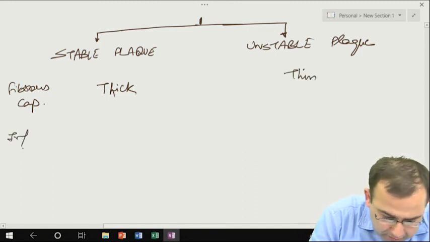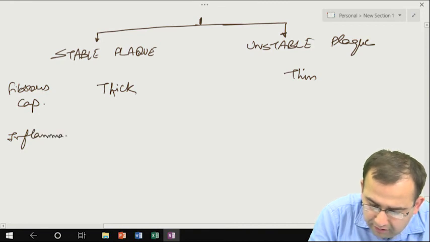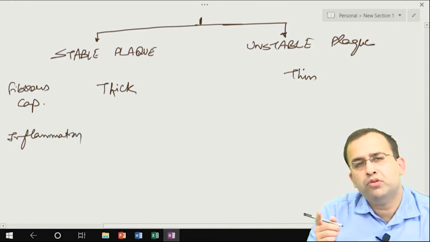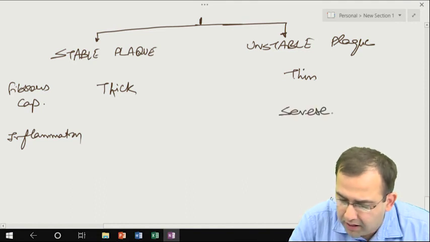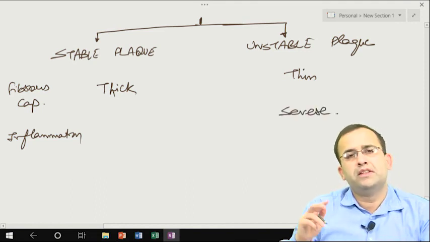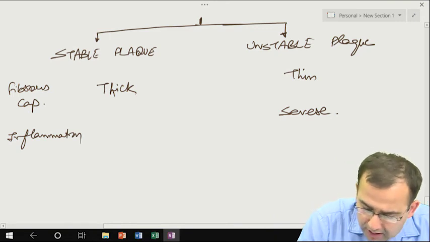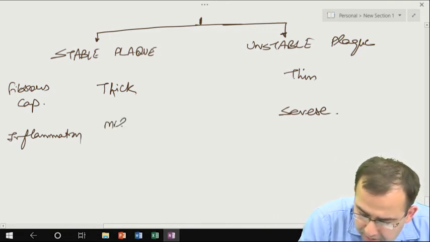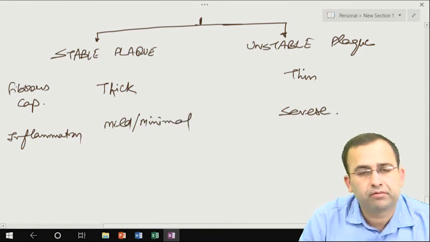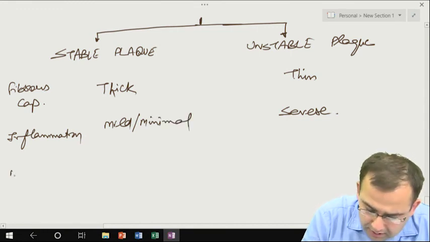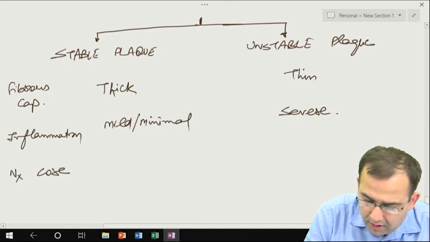Next point, inflammation. The more severe the inflammation, the more unstable it is. Inflammation is severe in unstable plaque, whereas it is mild or minimal in stable. Last is the necrotic core.